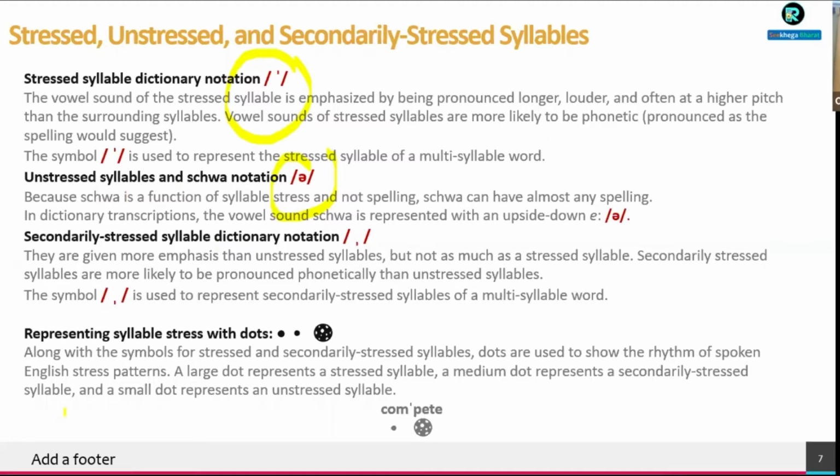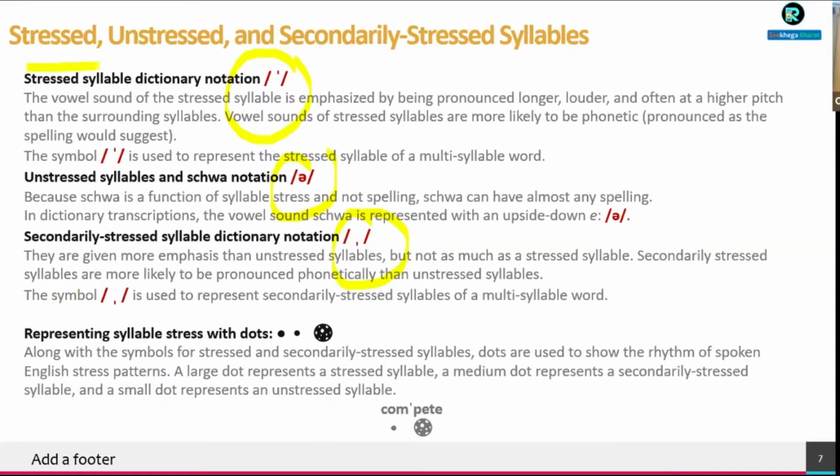That means it lost its originality. Sometimes you'll also find an apostrophe down below. This is called the secondary stress syllable. That means here you have to give stress, but little compared to this syllable.